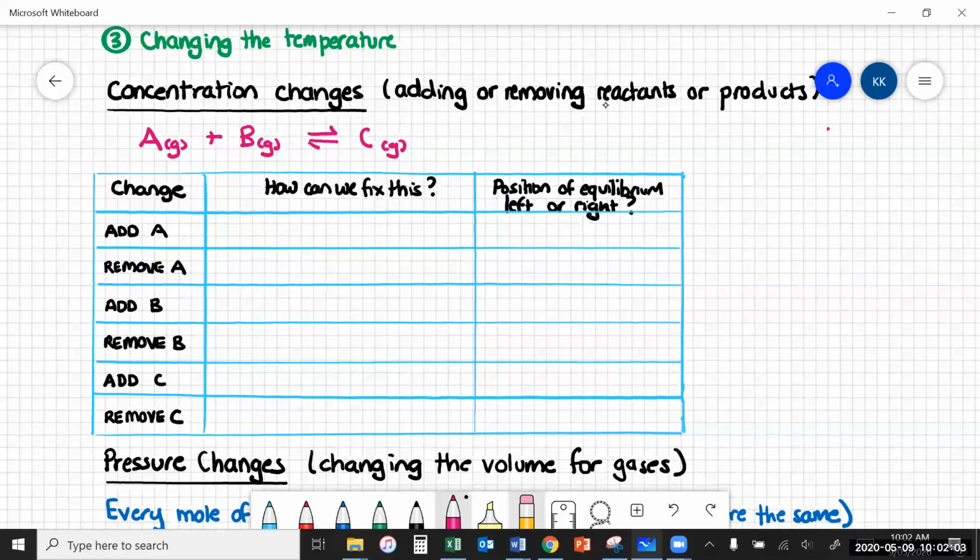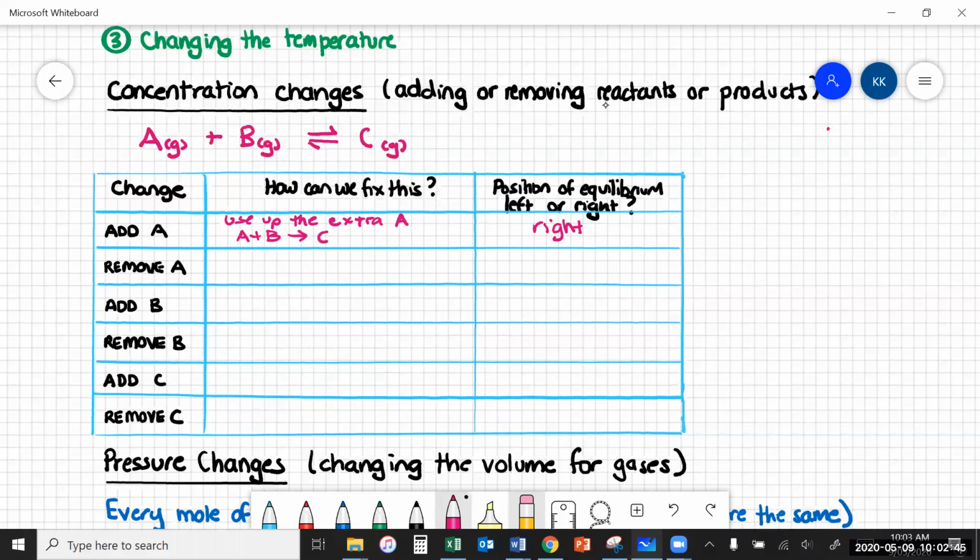So what's the stress caused by adding A? We've now got too much A in the system. So how are we going to fix having too much A? We've got to use up some A. And the reaction can easily use up some A by reacting it with B. So we need to use up the extra A. And the way we can do that is A and B reacting to form C. And what that means is our position of equilibrium is moving to the right.